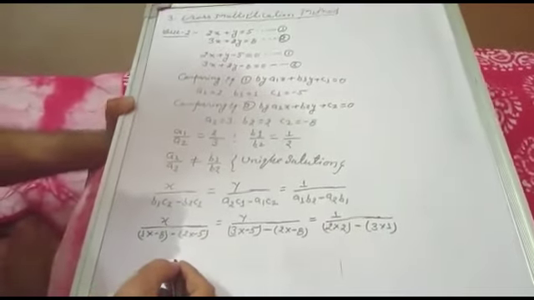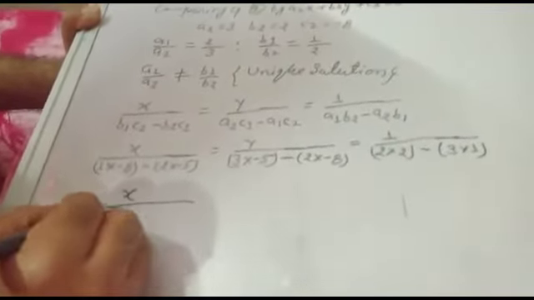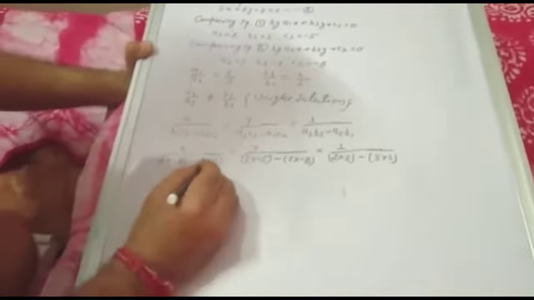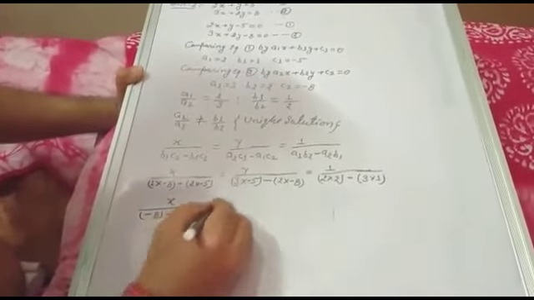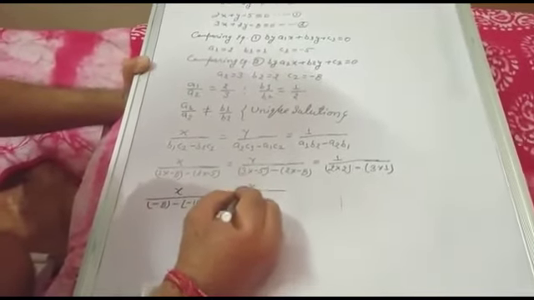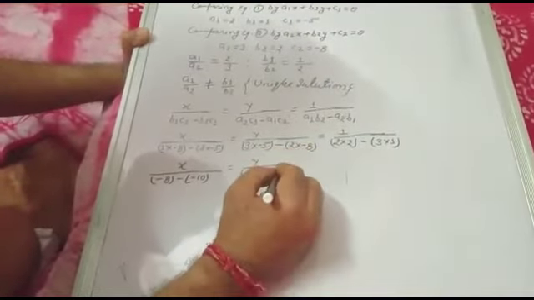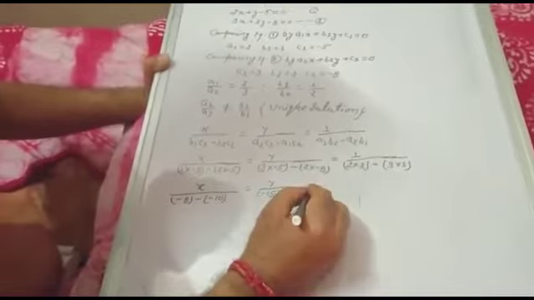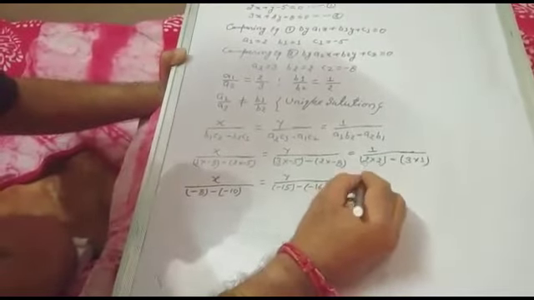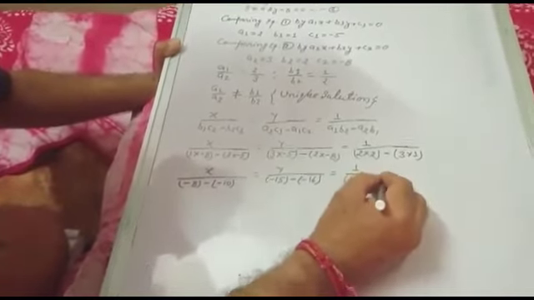Then putting in the values and simplifying: -8 multiplied by 1 is -8, minus 5 multiplied by 2, which is -10, equals y upon -5 multiplied by 3, which is -15, minus 8 multiplied by 2, which is -16, equals 1 upon 2 multiplied by 2, which is 4, minus 3 multiplied by 1, which is 3.